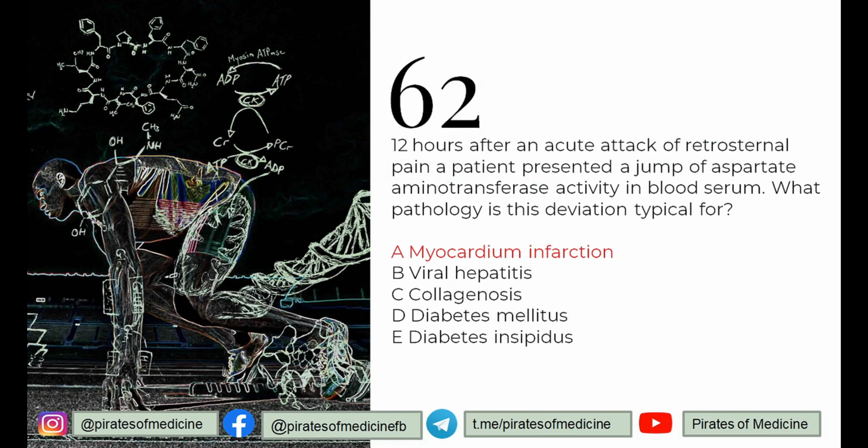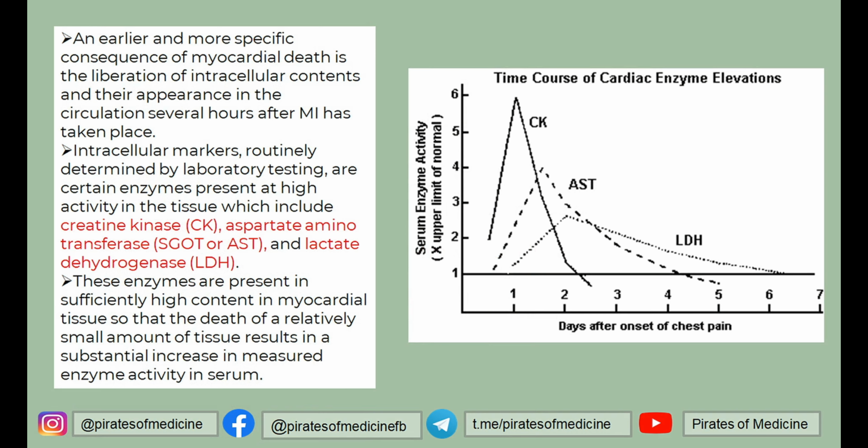So next is the 62nd question: 12 hours after an acute attack of retrosternal pain, a patient presented a jump of AST, aspartate aminotransferase, activity in blood serum. What pathology is the deviation typical for? Remember, we did this question in the last video. There are certain enzymes which can act as biological markers. These are known as cardiac enzymes for myocardial infarction.